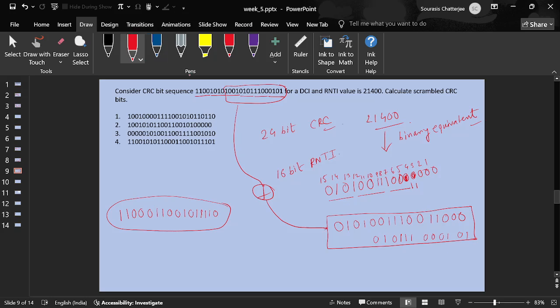So the last 16 bits I'm getting as 11, triple 0, 11, double 0. I'll ignore the first 4 here.